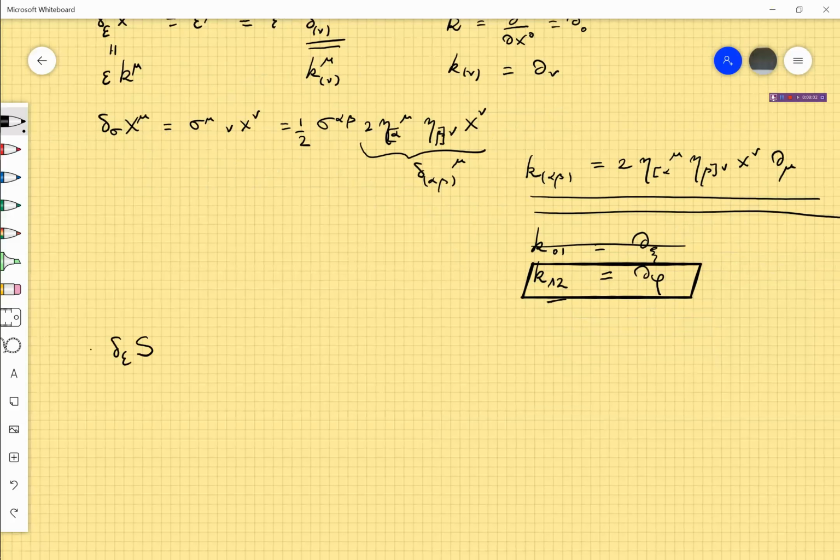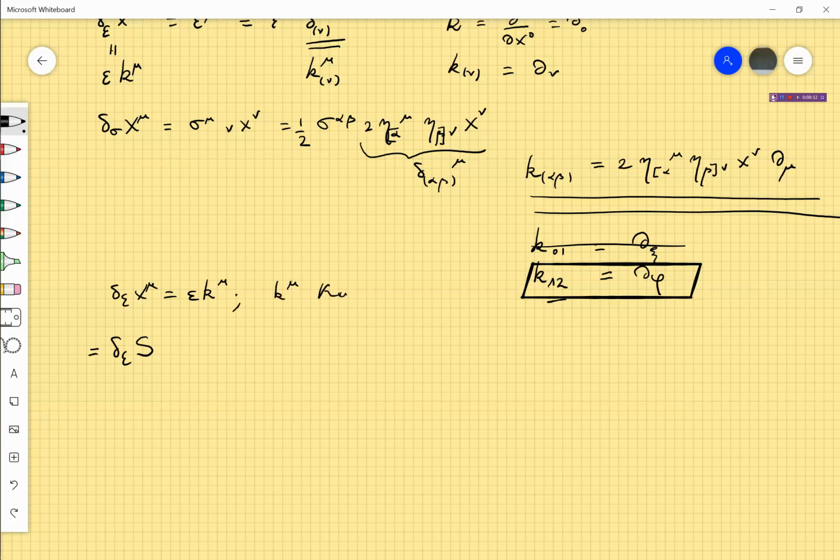Okay, assuming that this transformation is of this form, and assuming that k mu is Killing for the metric g mu nu. So this means that this is 0, and now when we vary the action, we are going to do it in a slightly different way, in the usual way in which we vary the action when we want to obtain the equations of motion.